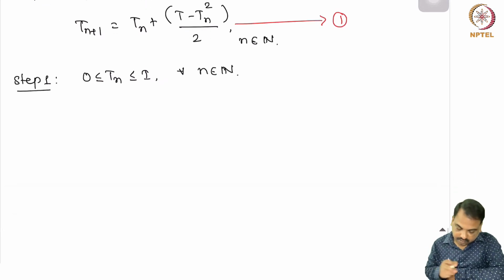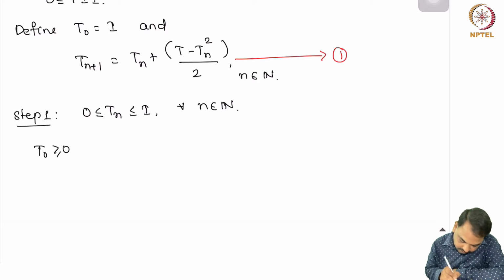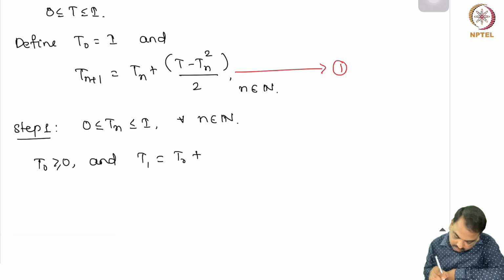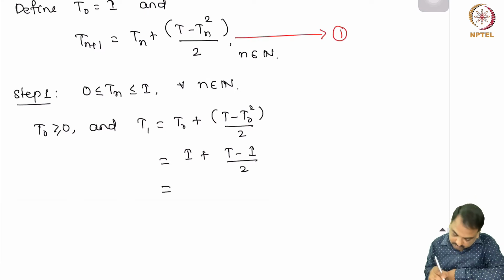So let us look at this inductively. We know that T0 is identity, which is positive. So T0 is positive, and T1, if you look at it, is T0 plus (T minus T0 square) by 2, that is nothing but identity plus (T minus identity) by 2. This is nothing but (I plus T) by 2, which is positive.